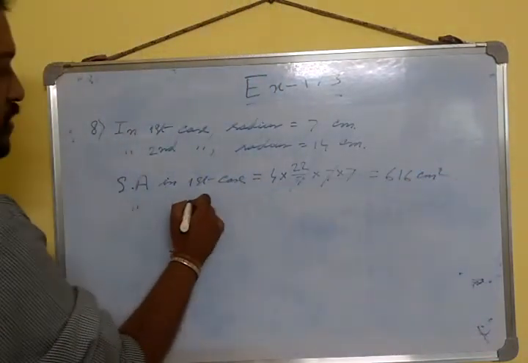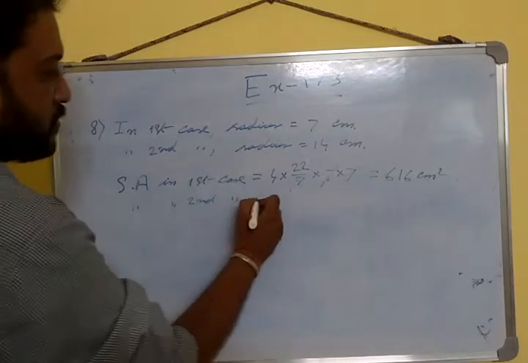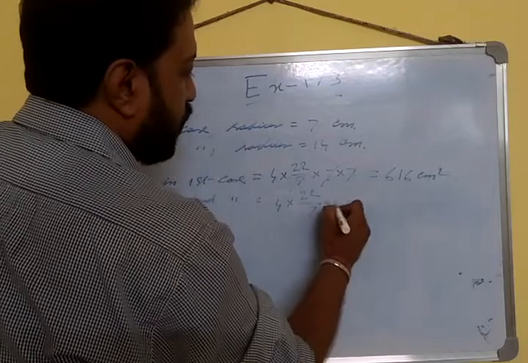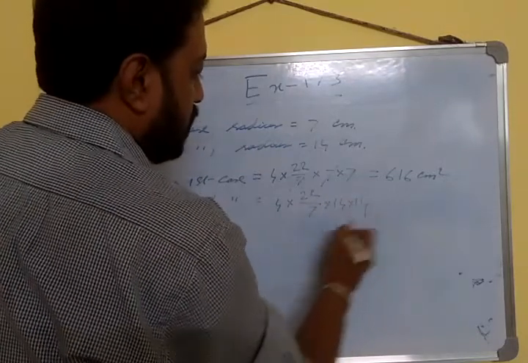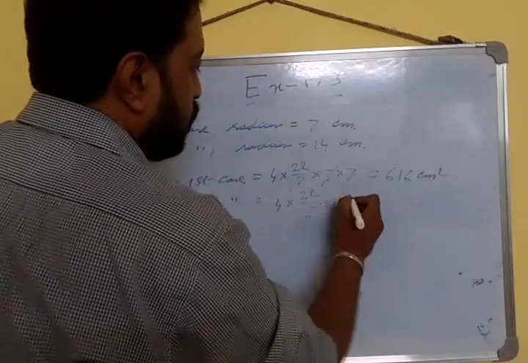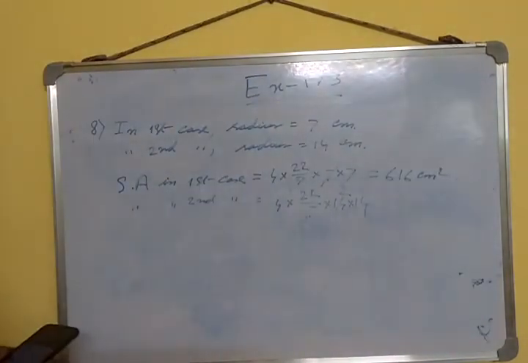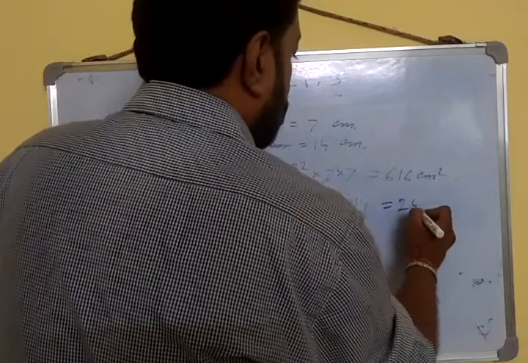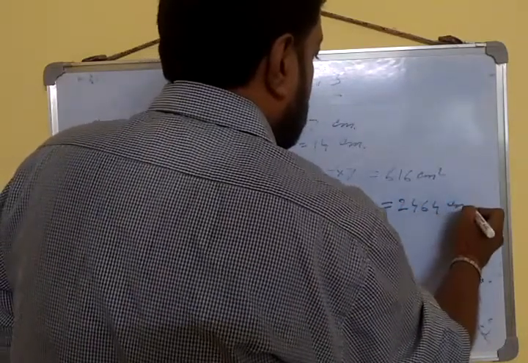Surface area in second case, it will be 4 into 22 by 7 into 14 into 14. So it will be 2. So it will be 88 into 28. 88 into 28. That is 2464. That is equal to 2464 centimeters square.